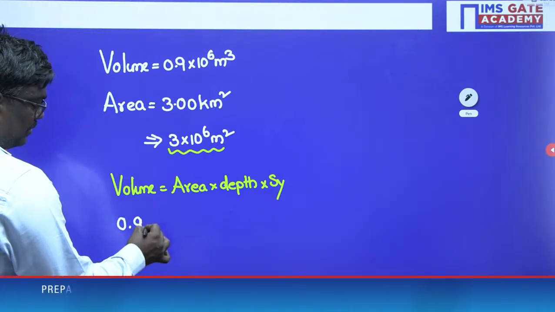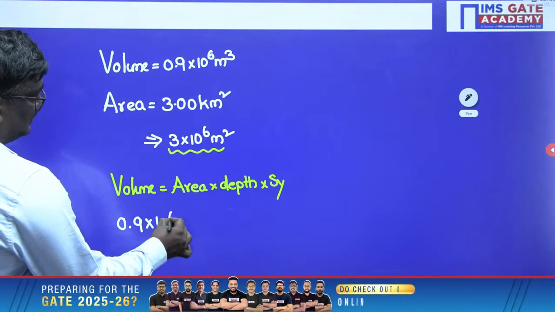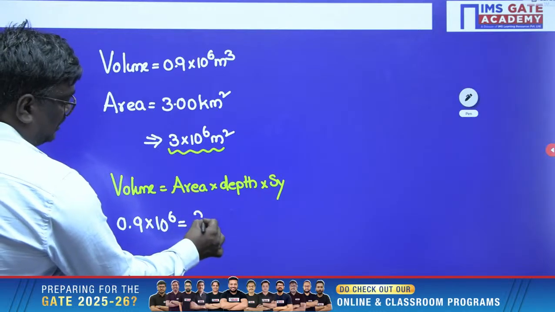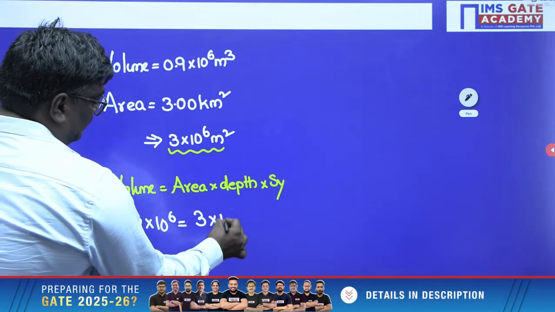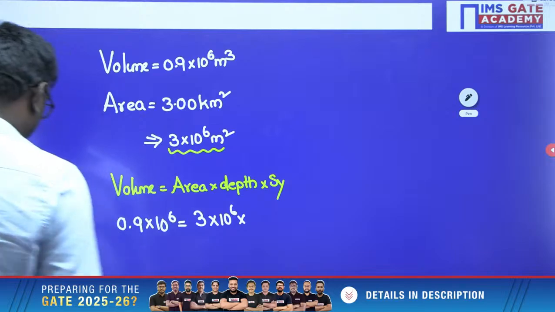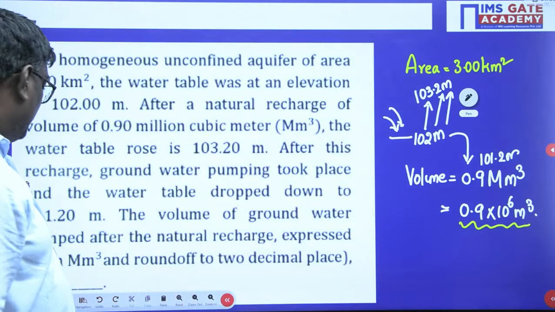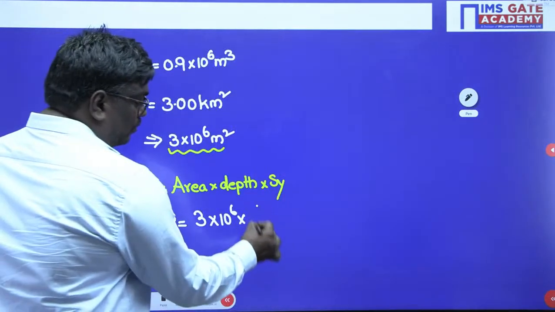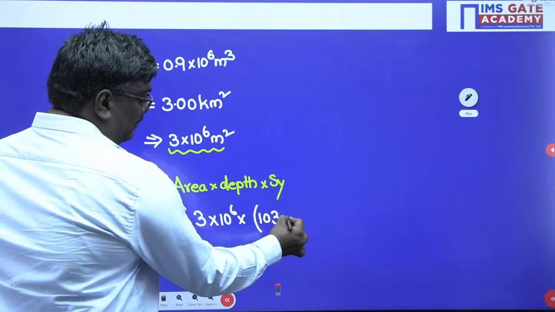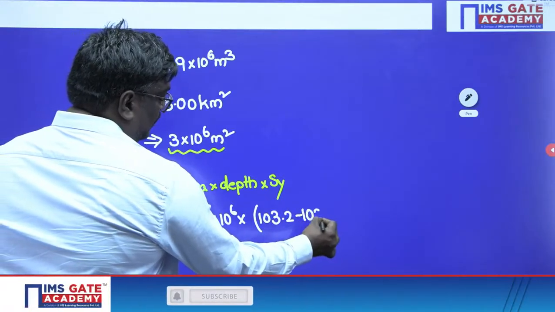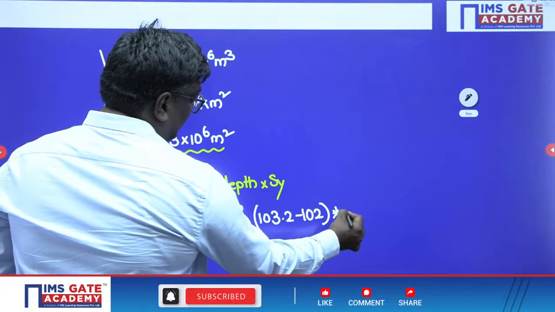Now the volume is 0.9 into 10 power 6, which is equal to 3 into 10 power 6 into depth. The depth: from 102 it has risen to 103.2. So 103.2 minus 102, into specific yield.